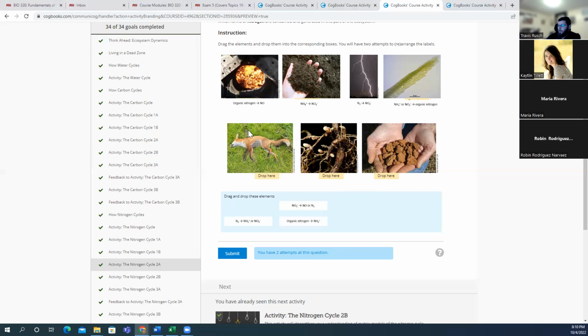All right, what's going on in this picture? Yeah, exactly, decomposition. What do we usually start with in decomposition? Yeah, so our organic nitrogen, organic matter, specifically organic nitrogen, because we're in the nitrogen cycle area, right?